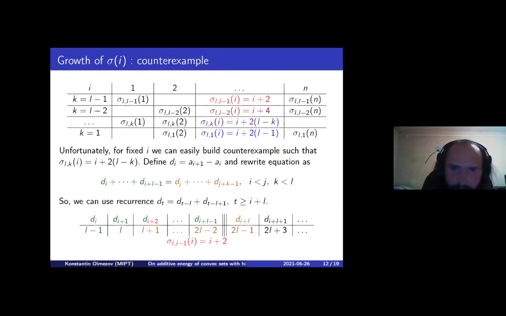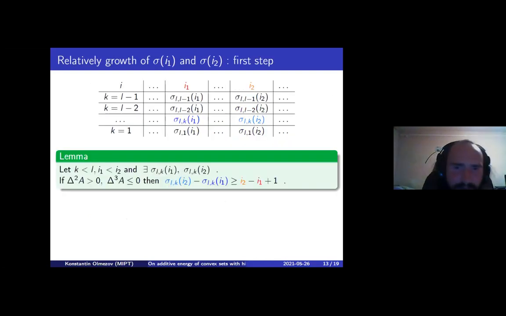We cannot bound growth in a single column, but we can study the relationship between two columns, and we can speak about differences between sigma from two columns in the same row. How can we do it?